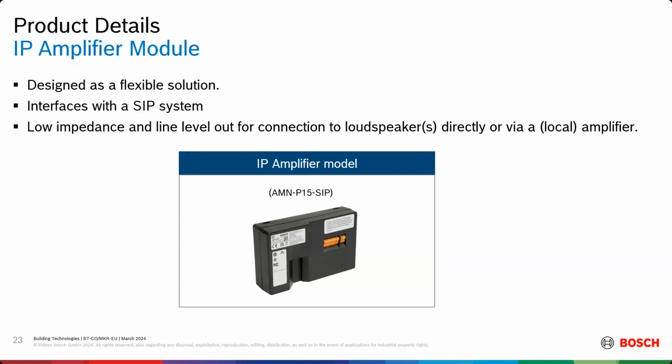It interfaces with an IP, SIP, or ONVIF system on one side and has a low impedance and a line level output on the other side for connection to loudspeakers directly or via a local amplifier. It has almost the same key characteristics as the IP speakers, except for the microphone.